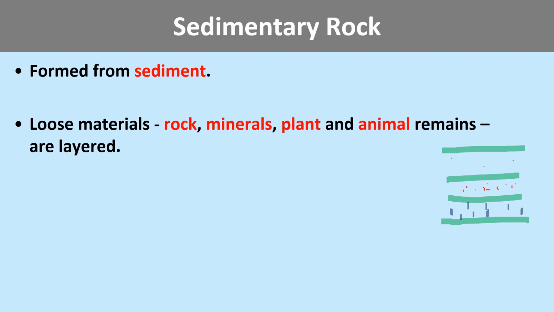Sometimes organic dead matter goes in there too. So generally, the heavy, dense ones go at the bottom, and on the top layer, you have the least dense. But this is a generic pattern.